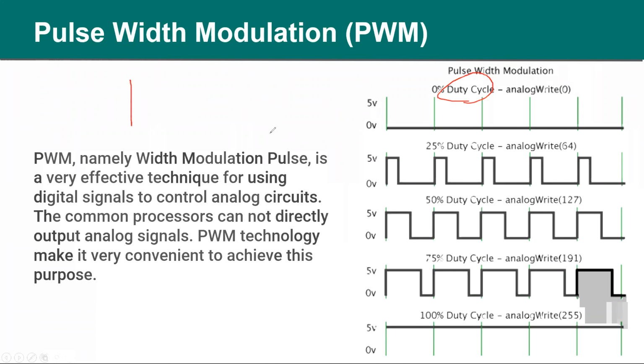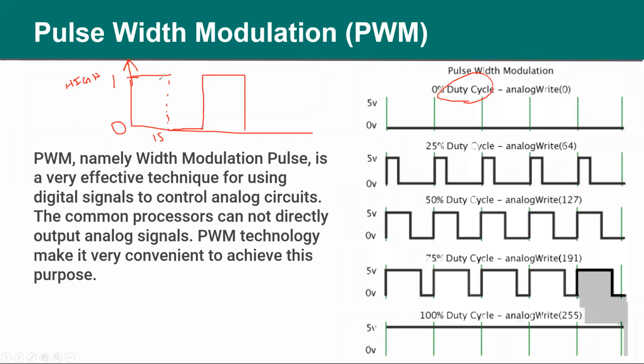If I take a graph like this, let's say this is 1 and this is 0. When you say digital write high, obviously this is high. When you call digital write high, the signal is going to be like this, let's say maybe for 1 second. When you want it low, you call digital low, and it is here. Then it is here, like that. Now the LED is blinking. Here the LED is on, here the LED is off, and once again here the LED is on.